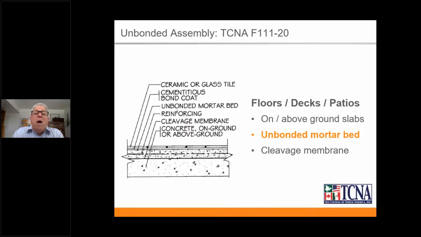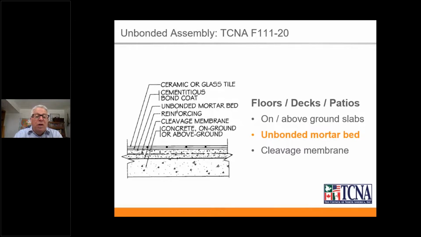Here's another unbonded assembly. This is not a bonded assembly, which is going to give you some of the original true nature of tile assemblies going clear back thousands and thousands of years ago. Certainly back before the Roman era, where we had unbonded screeds and unbonded tile assemblies that really did isolate the tile and protect it.